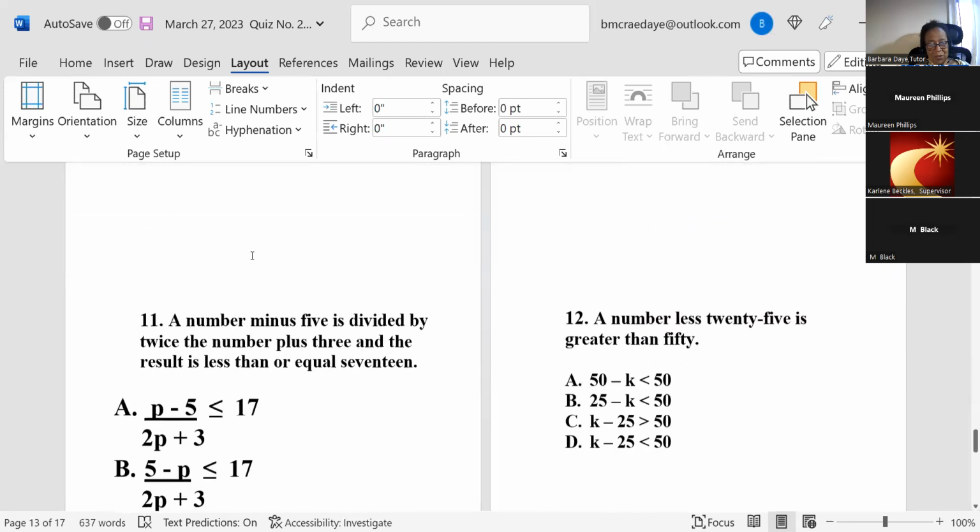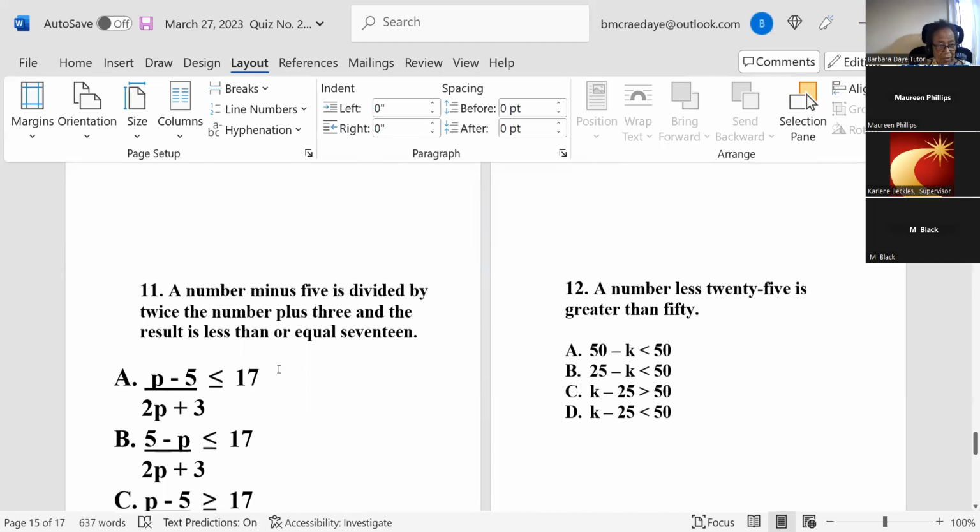And let's go to number 11. Oh, you both had those right, 11 and 12. 11 is A and 12 is C. And both of you had those correct. Okay.